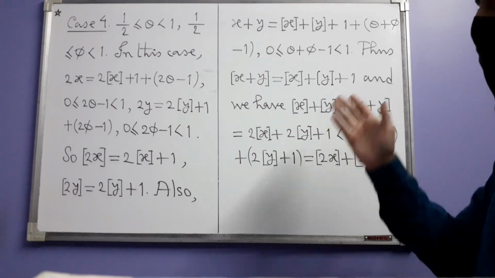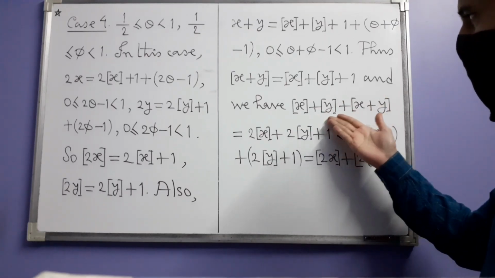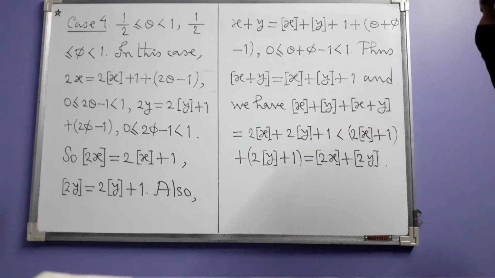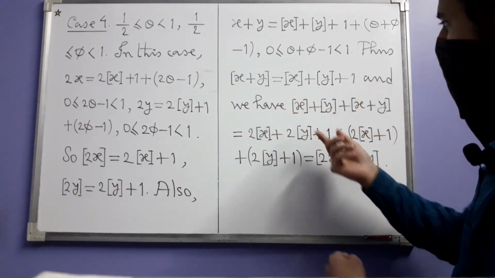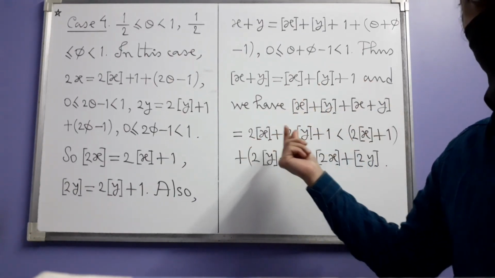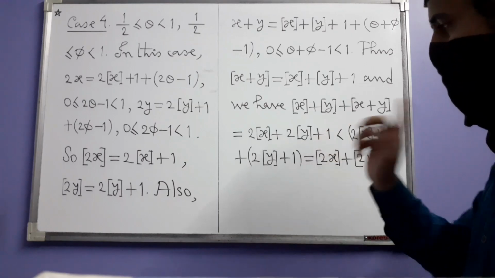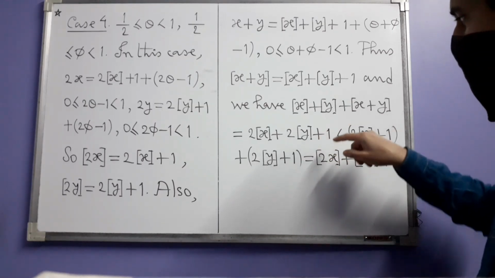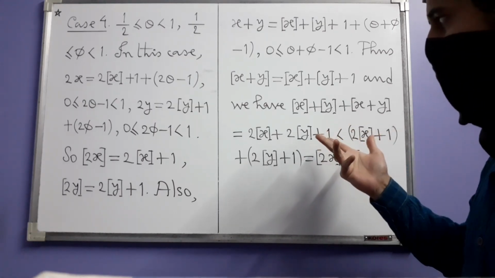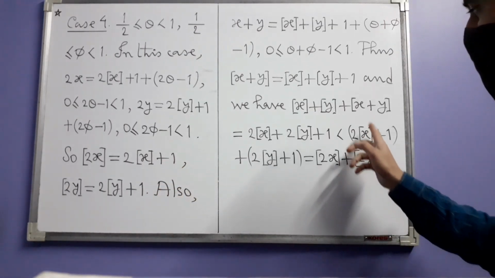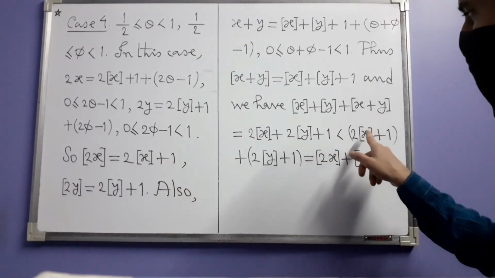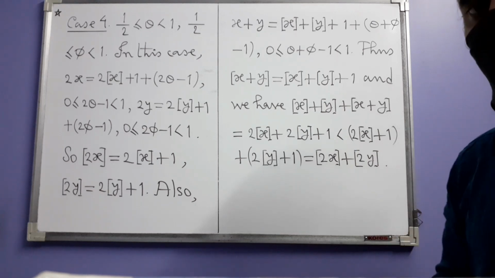And now we go back to our main thing, that is box x plus box y plus box x plus y. Now in place of this, we are going to put this. So we get 2 times box x plus 2 times box y plus 1. However, a single 1 is not enough, because we need 1 here as well as here. So we need to add an extra 1, which creates this inequality.